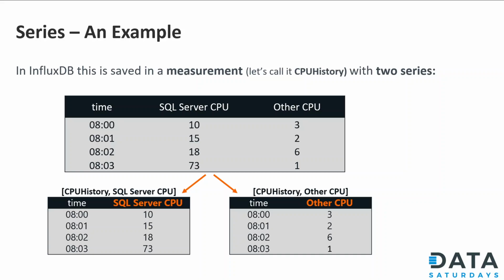And this will contain two series, one for SQL Server CPU and one for other CPU. So it becomes two separate series. One will be CPU history for SQL Server CPU, and the other will be CPU history for other CPU. These two get stored independently, and it's the logical concept of the measurement that keeps the two together.